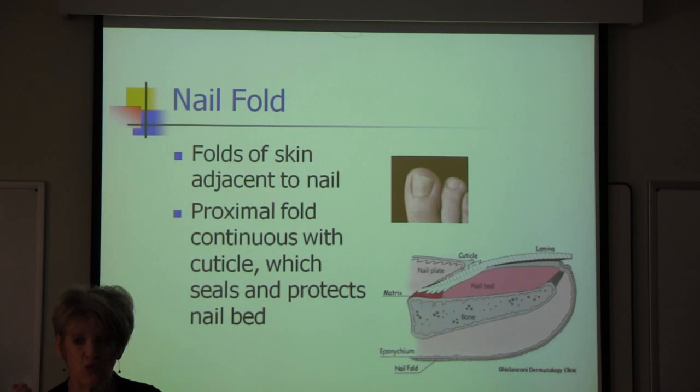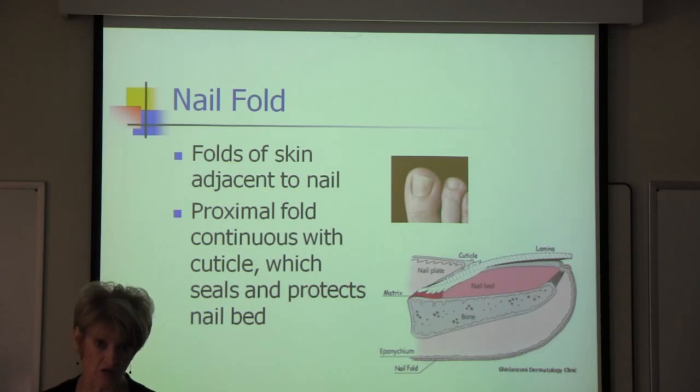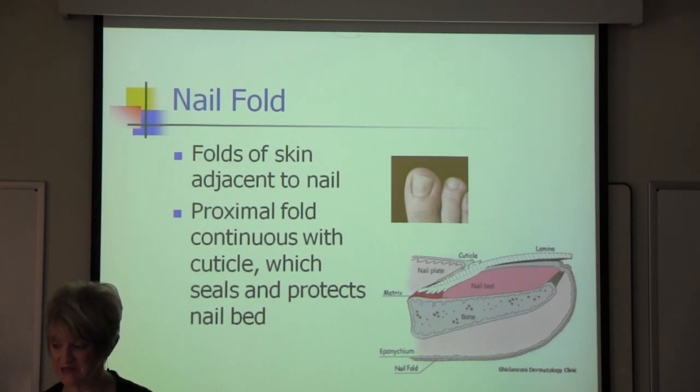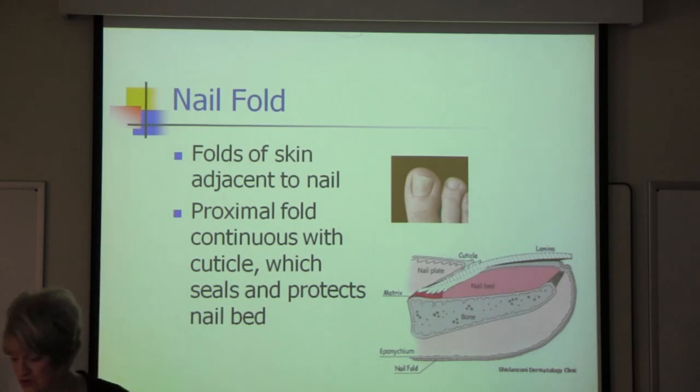Notice what happens when the cuticle is cut, or people chew the cuticles or pick at their cuticles, then many times they get an infection running along the cuticle. We try never to cut the cuticle. If you cut it, you have to be extremely careful because that is part of the protective system. So it protects the nail bed by literally lapping over and coming back so that nothing can penetrate.